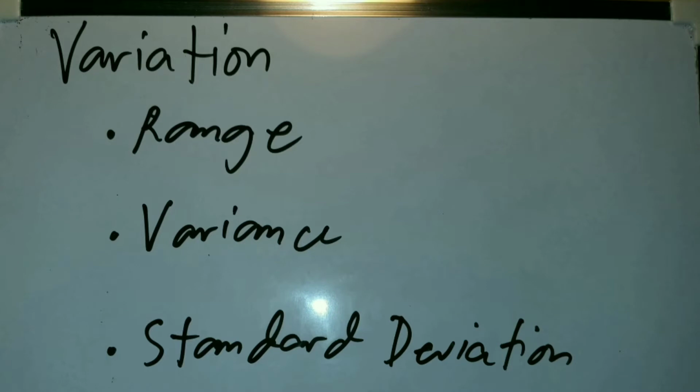Now, in measuring the variation of data, these are the things that you need to remember: the range, the variance, and the standard deviation.